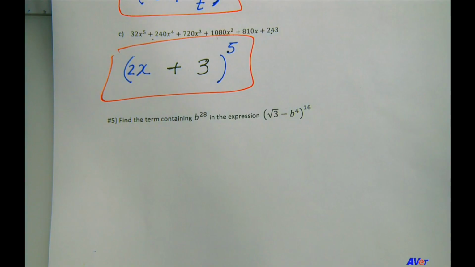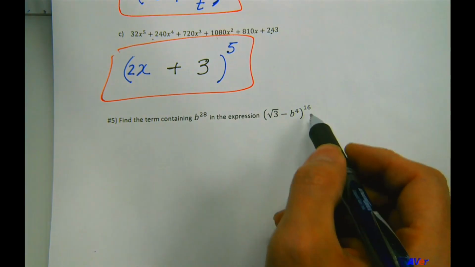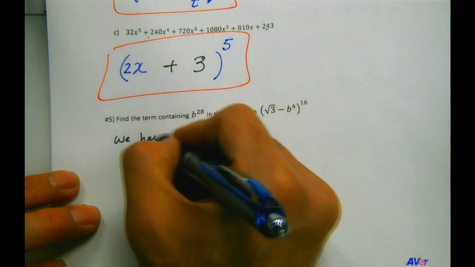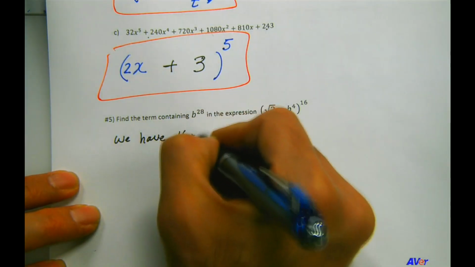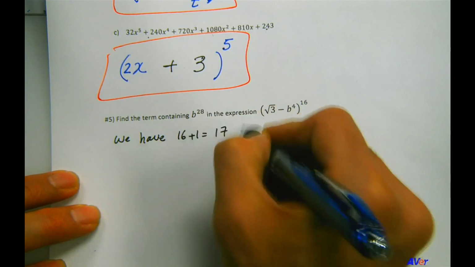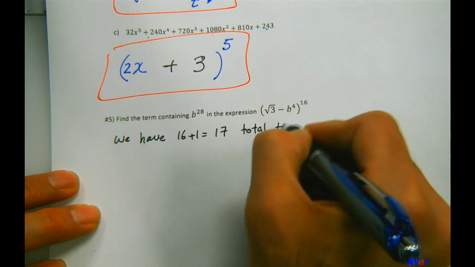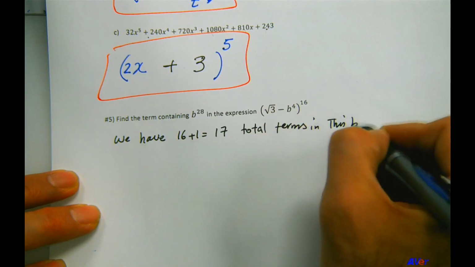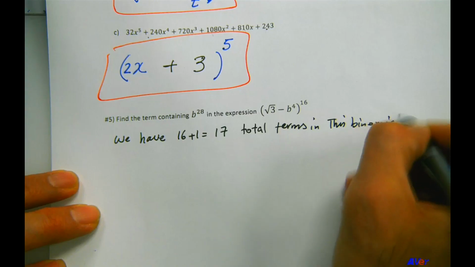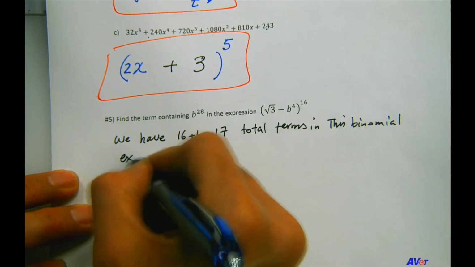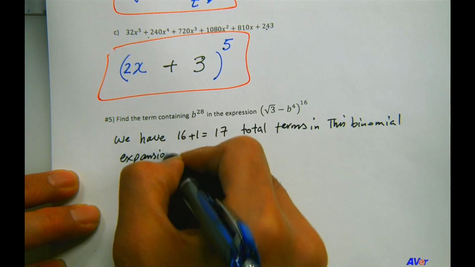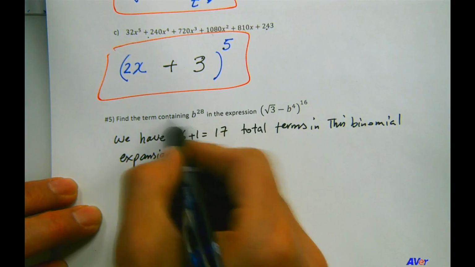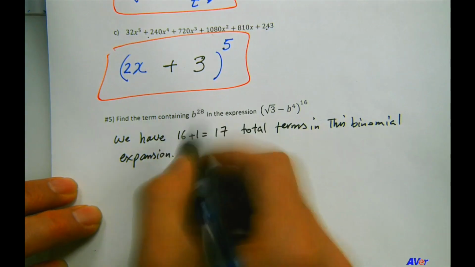We're going to have 17 terms, right? 16 plus 1, 17 total terms in this binomial expansion. Right? We know that one of those terms contains b to the 28th power.